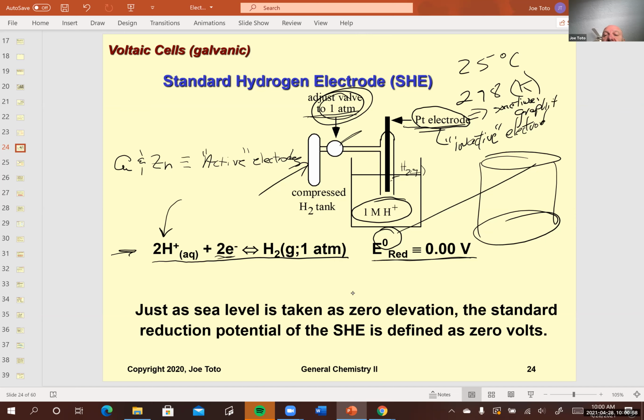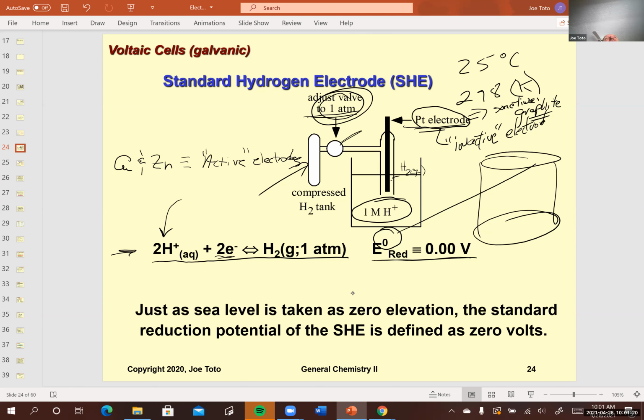And it turns out that graphite works almost as well. And it costs a fraction of the price of platinum. So it's a lot cheaper for us. And so we use that, and it works almost as good as platinum.